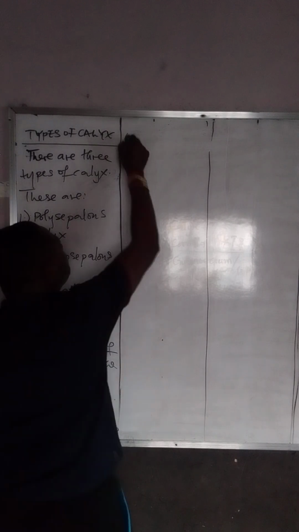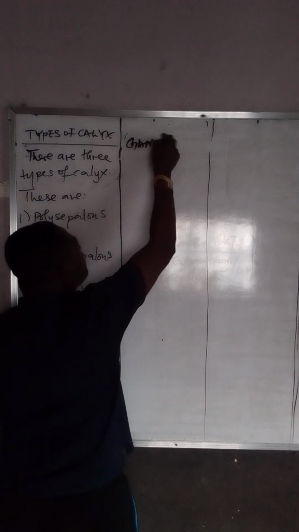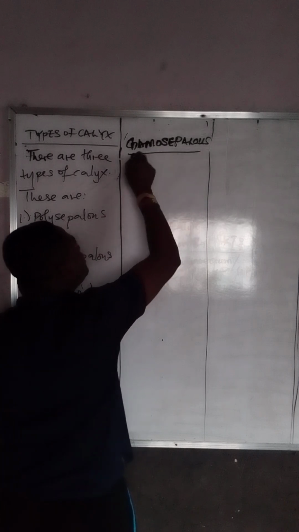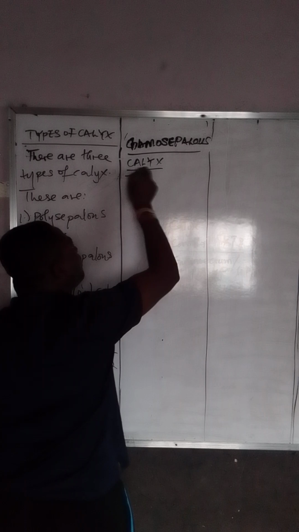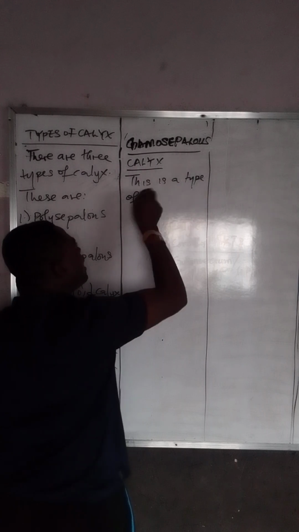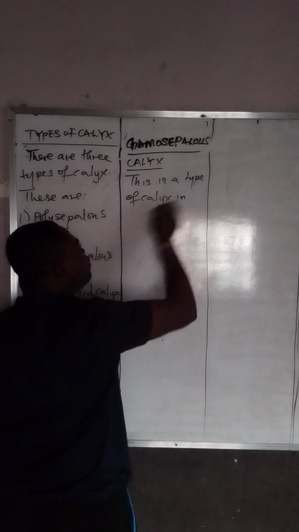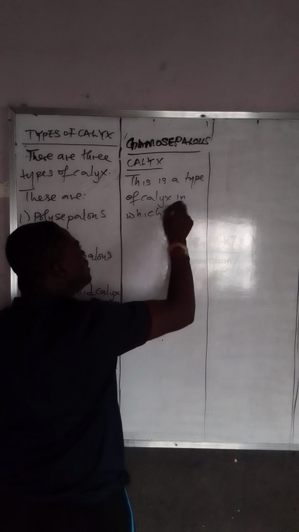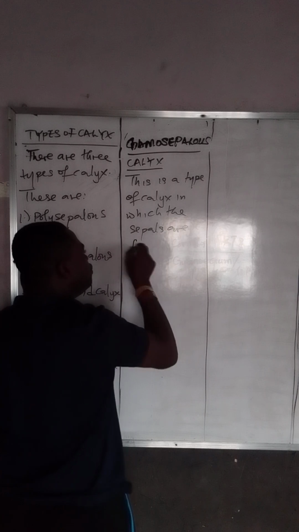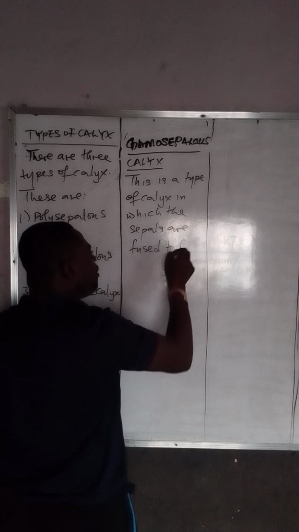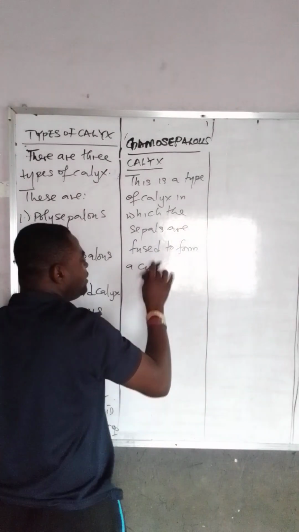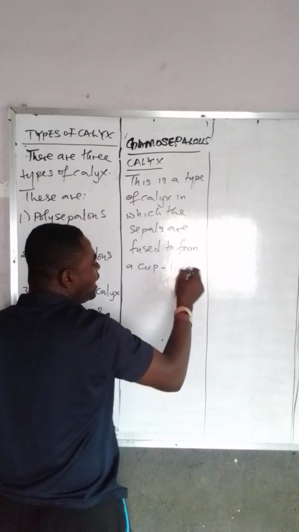So now let's look at the second type of calyx. We have gamosepalous calyx. Now, this is a type of calyx in which the sepals are fused to form a cup-like structure.